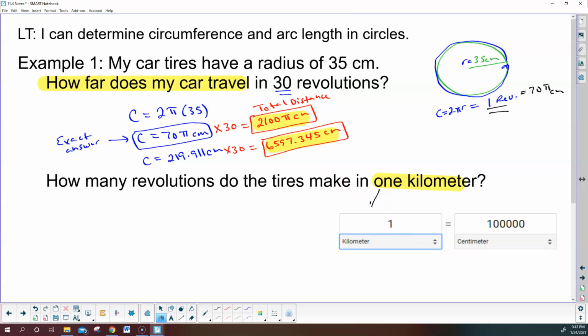And that's the idea here. We had to just kind of give you this fact. 1 kilometer is equal to 100,000 centimeters. So all I'm going to do is take this total distance and divide it by 70 pi. Notice the centimeters are going to cancel out. If you do this exact answer in your calculator, make sure you put parentheses around the 70 pi.